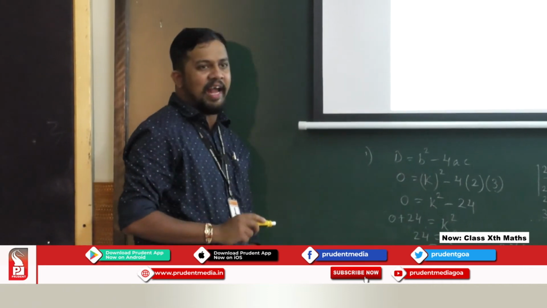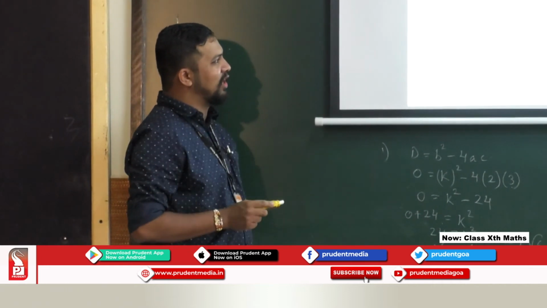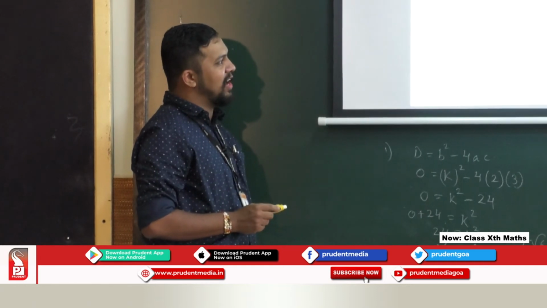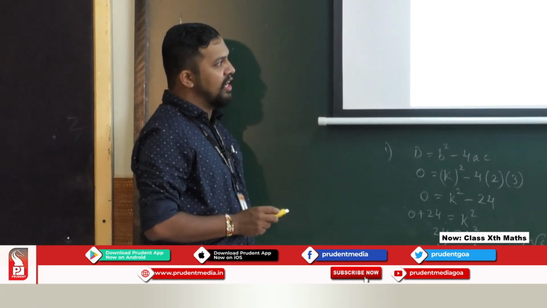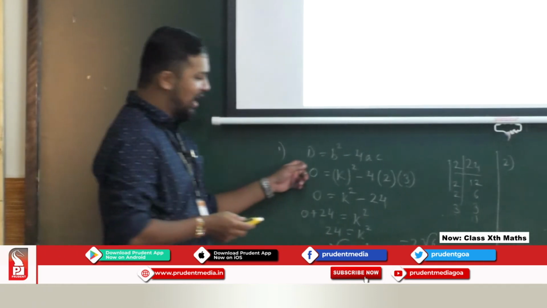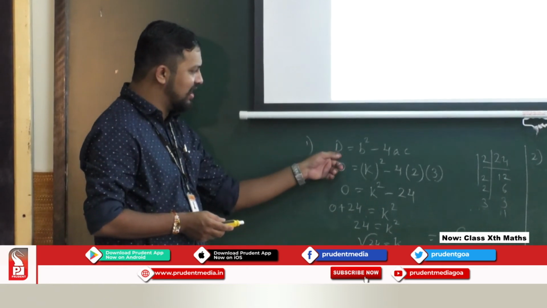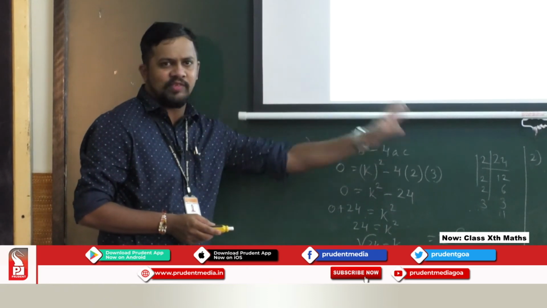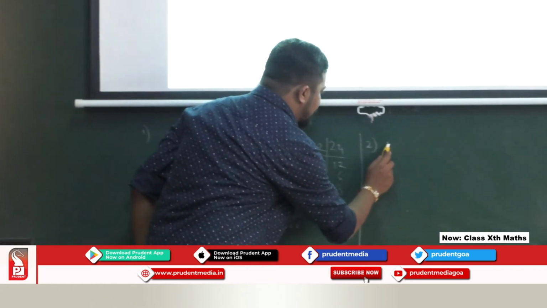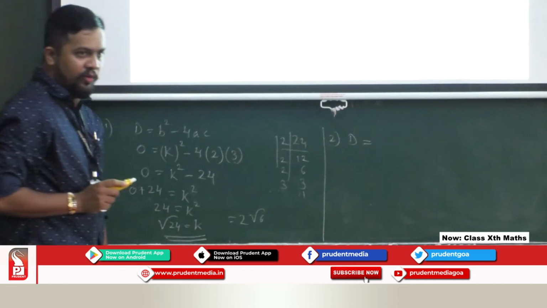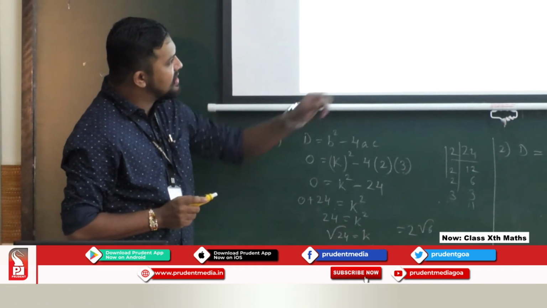The discriminant, direct question. The discriminant of the quadratic equation 3x square plus 7x plus 4 equal to 0. I will not write the formula. Formula is here only, see. d is equal to b square minus 4ac. So directly I substitute. d is equal to, what is b square? b is 7.